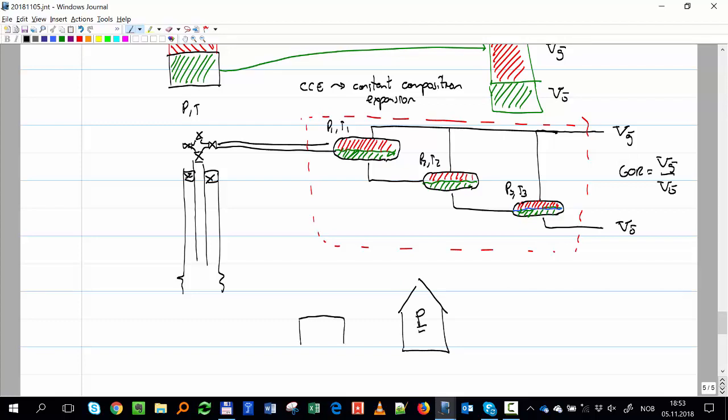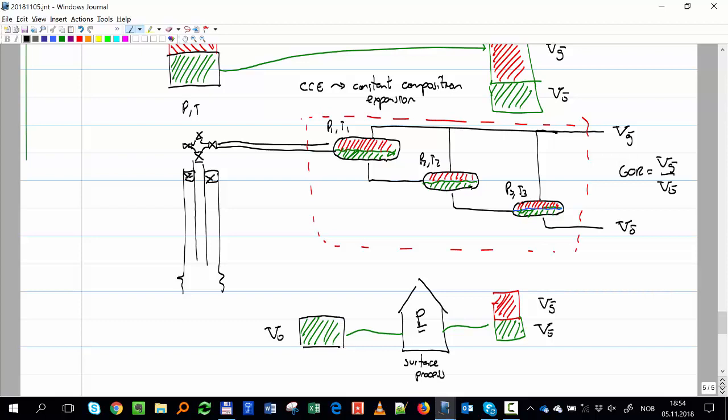And then I take this oil through the house, and it's going to come up with two things, one gas and one oil, VO and VG. And with that I define my black oil properties, taking into account the surface process.